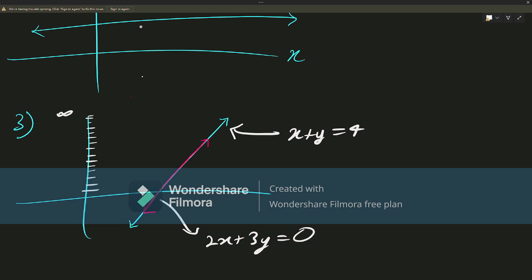So there it will meet at various points like this, infinitely many points.